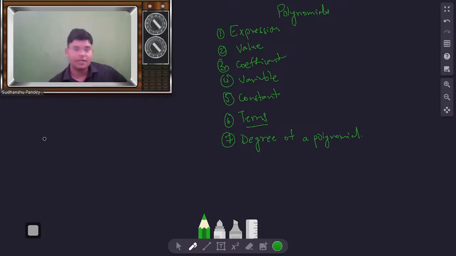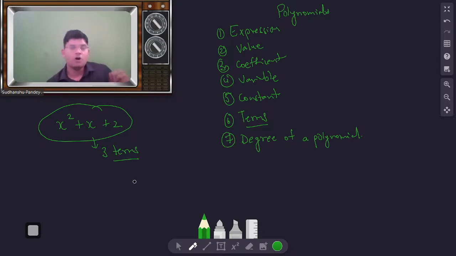So what is a degree? First of all you must understand, if I am writing x square plus x plus 2, this is an expression. How many terms are there in this expression? 3, sir. Very good. Suppose I am asking you what is the value of this expression at x is equal to 3.